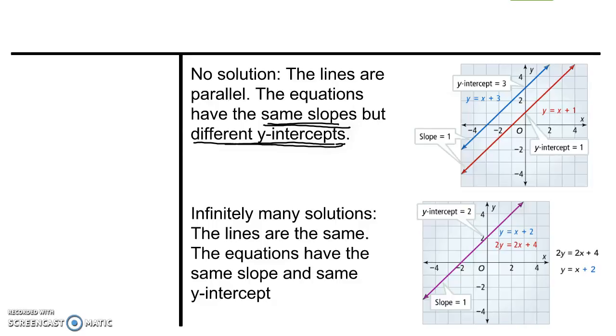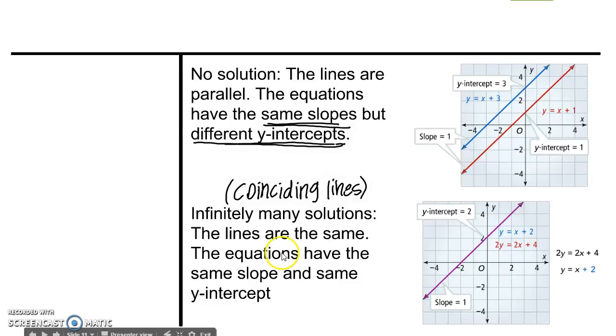The third possibility is infinitely many solutions. Again, we've talked about this before. Earlier in the year, we called this coinciding lines. And if you remember, this is when the lines are exactly the same. The equations have the same slope and the same y-intercept because they're the same equation.